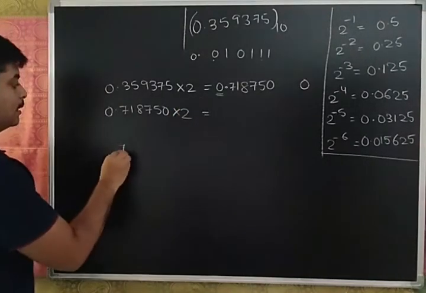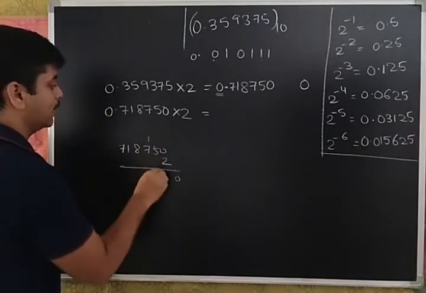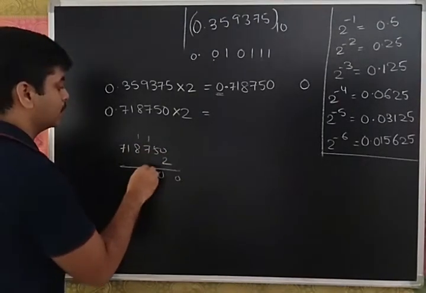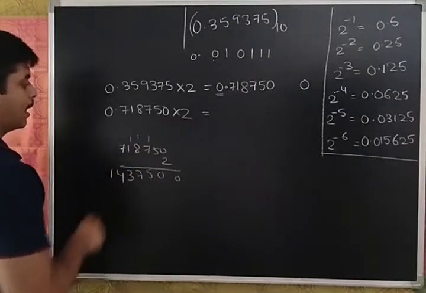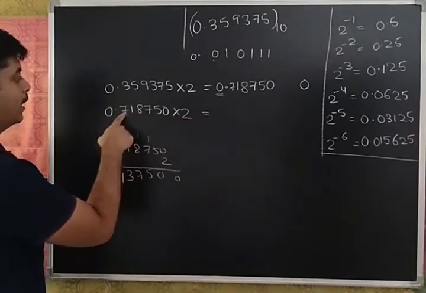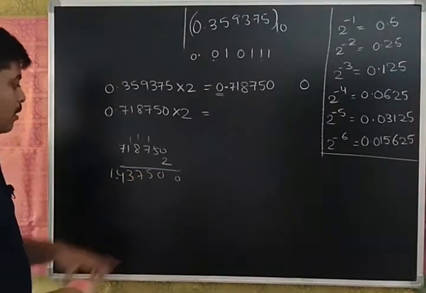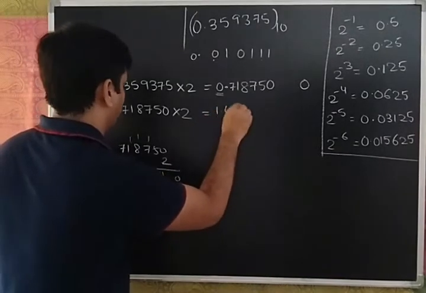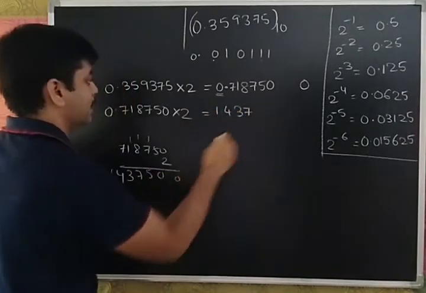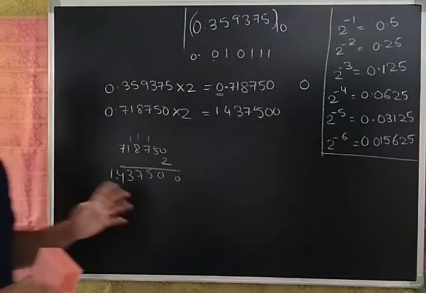What will we get? 718750: 5 twos are 10, 7 twos are 14, 15, 8 twos are 16, 17, 2 ones are 2, 3, 7 twos are 14. So we'll get 1.437500.